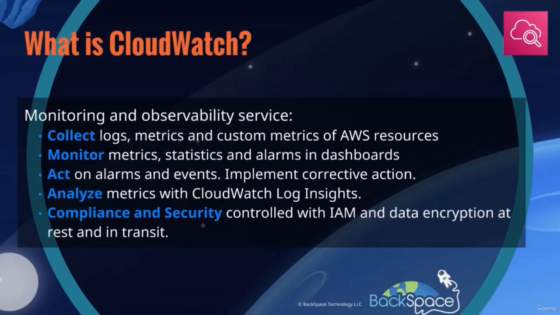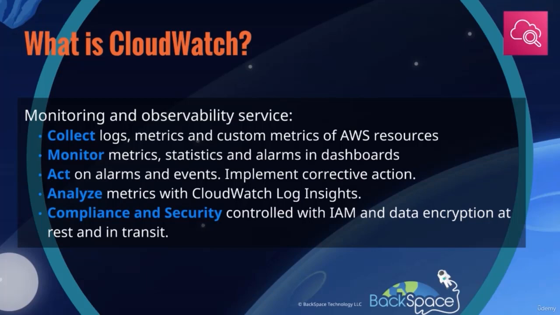CloudWatch is a monitoring and observability service. It allows you to collect logs, metrics, and custom metrics of your AWS resources. You can monitor metrics, statistics of those metrics, and also alarms in custom dashboards.